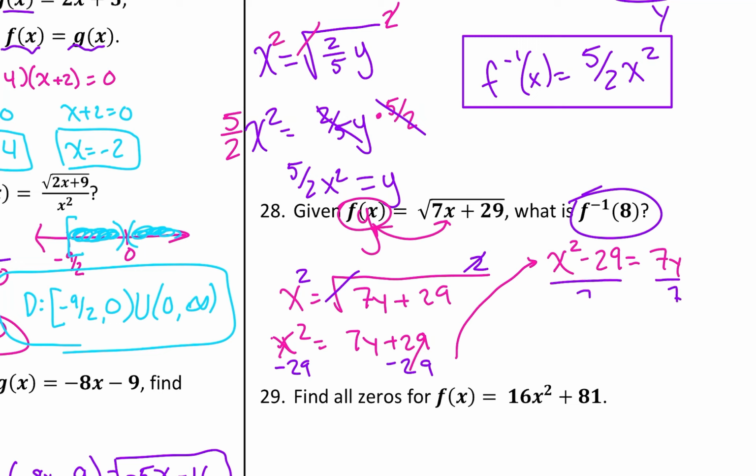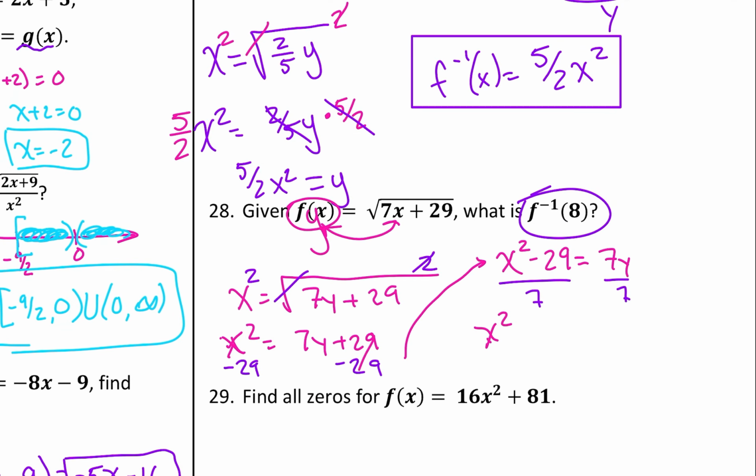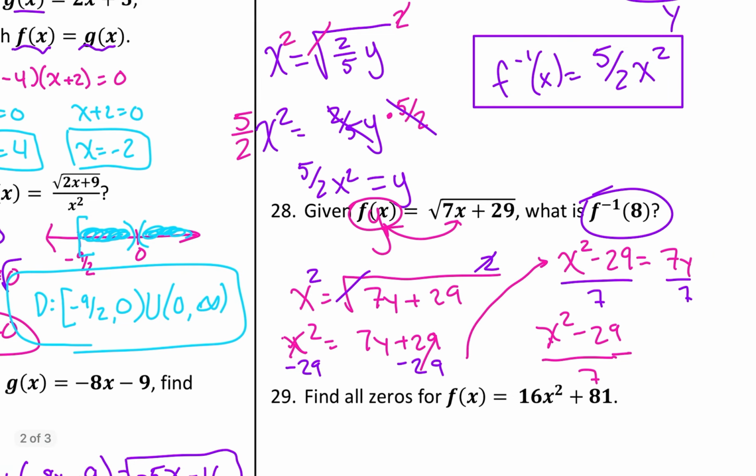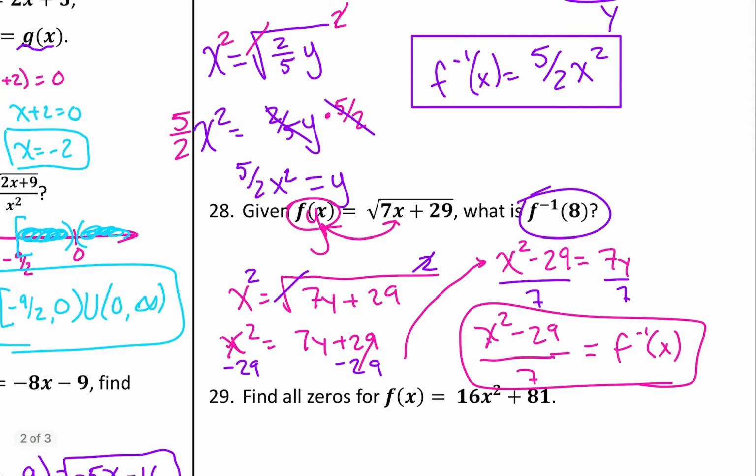And our last step here, divide both sides by 7. And we get x squared minus 29 over 7 equals our inverse of x. So that is going to be your inverse function.